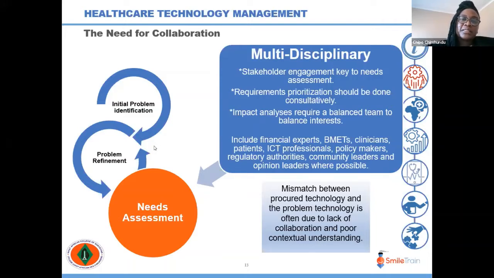What we've seen is a lot of teams tend to collaborate very well with technologists and clinicians at the initial stages, but as the problem evolves or is refined, the scope tends to creep and change direction, and we tend to cut out other key collaborators. So it's very essential to keep pulling all your collaborators in order to make sure your design is holistic.